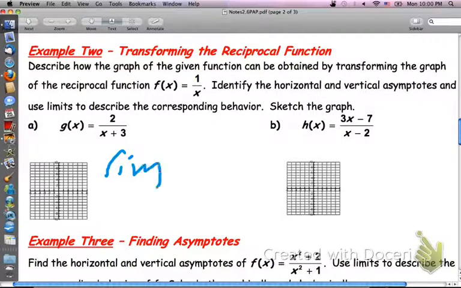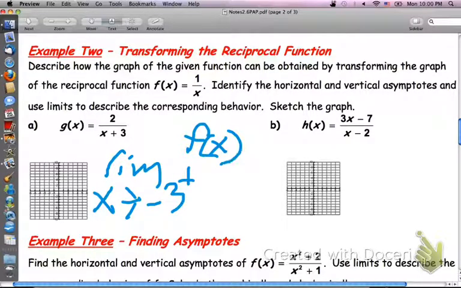Limit as x approaches negative 3 from the right, we would write a plus sign. f of x equals, if you were to plug in values such as negative 2.5, negative 2.6, getting closer and closer to negative 3, we're getting positive values out of our function. So our function approaches positive infinity.